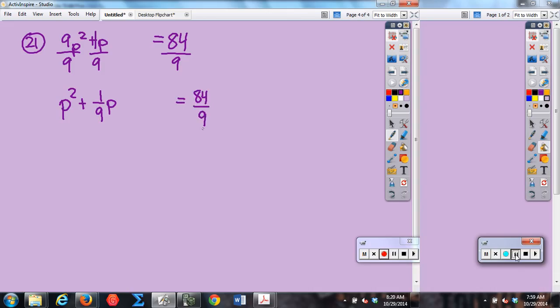Okay, so what do I add to both sides? Half of 1/9, which is 1/18. So you can either think of it or do 1/9 times a half. So you have 1 over 324.